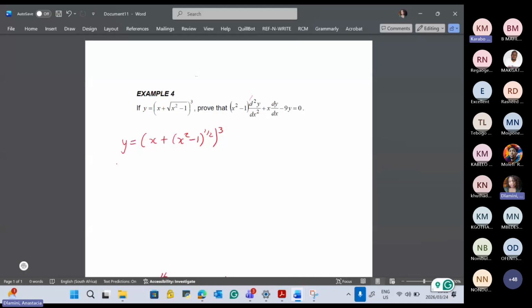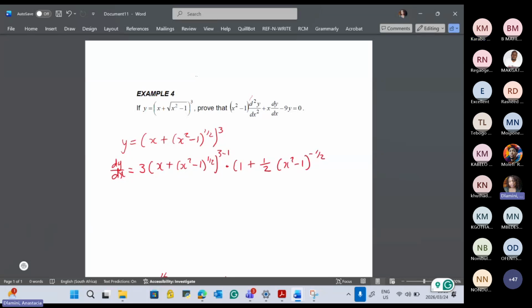So then we have dy over dx is equal to 3x plus x squared minus 1 to the power of half, 3 minus 1 times, what's the derivative inside? 1 plus 1 over 2, everything inside the bracket, x to the power of negative half.